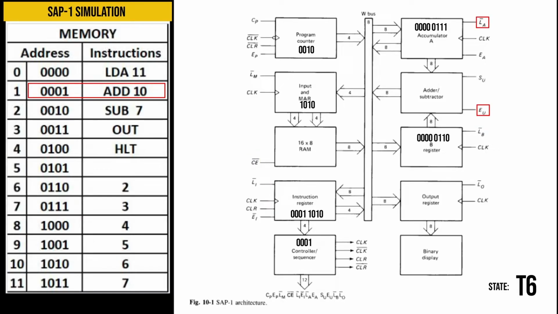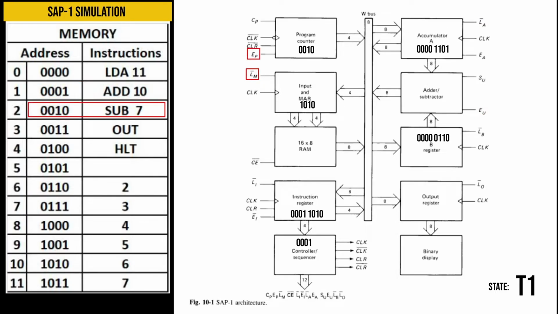At T6, the activated pins are EU and LA, since the accumulator is 0110, we'll add the value of 0111, which is 6 plus 7 equals 13. 13 in decimal value. So you'll see there. Then it will move to the W bus through the accumulator, since the active pins are EU and LA.